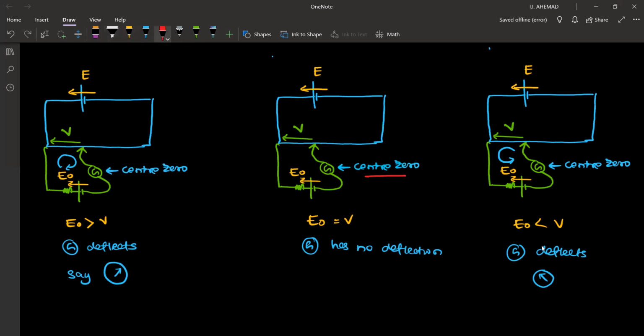That means their potentials are same. If we can measure this voltage, then we can find what is E naught. So that's the rough idea about the potentiometer.